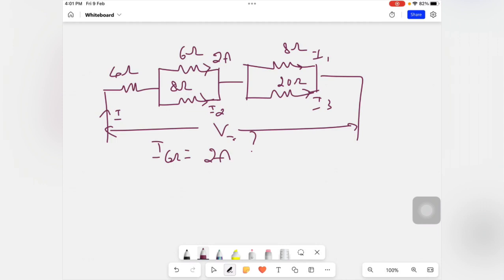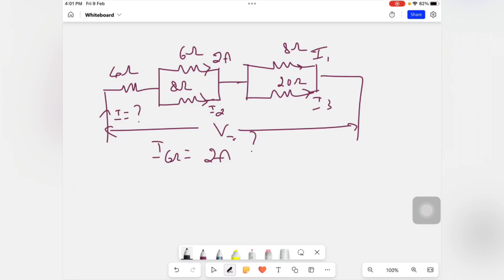Here we don't know the total current I, but we are given the current in the branch of the 6 ohm resistor. Keeping this in mind, we apply the current division rule and find the remaining currents and the voltage.